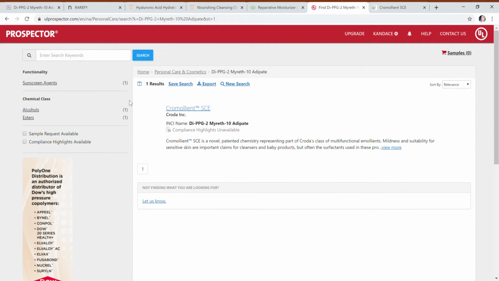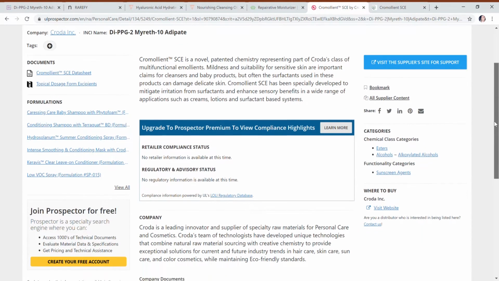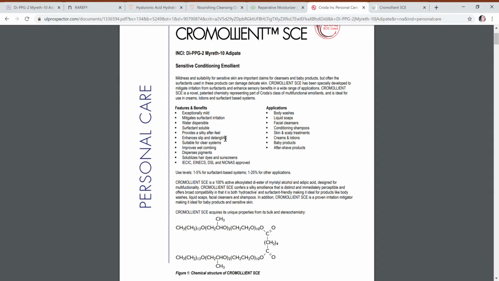So we just put that ingredient in the search engine, and we find that Chromollient SCE is made by this company, Croda Inc. And then this is going to just give us more information from the manufacturer about this ingredient. We can look at this document and find more information about this ingredient if we want to.